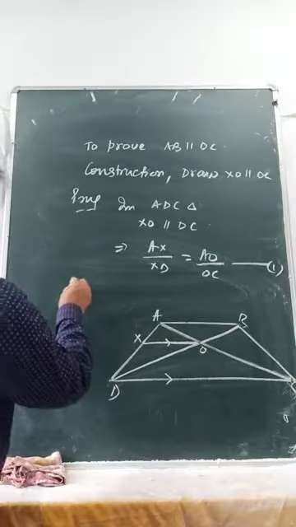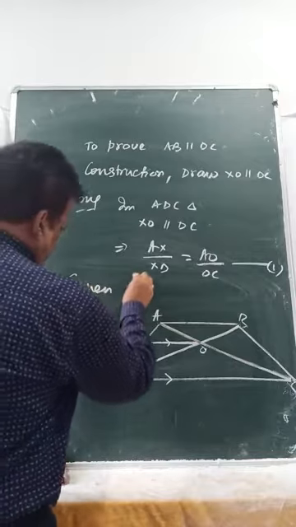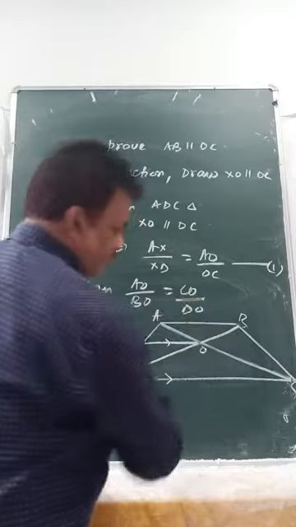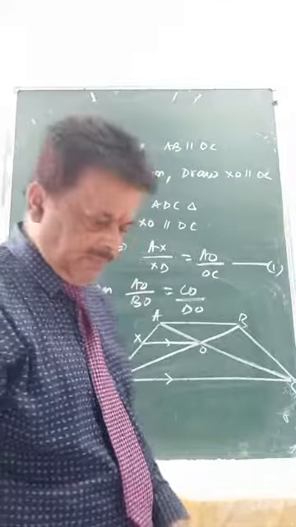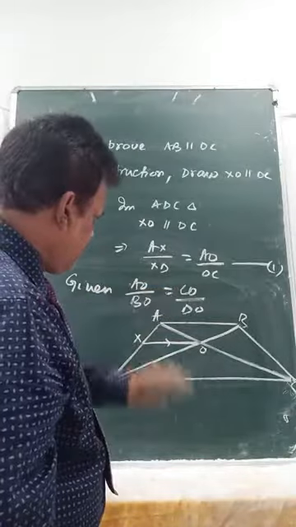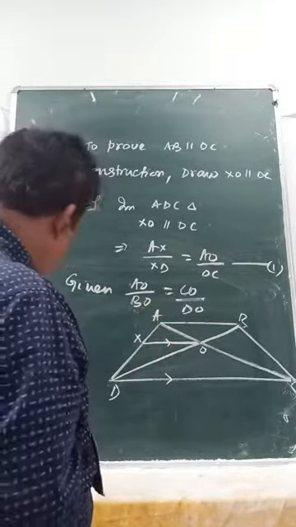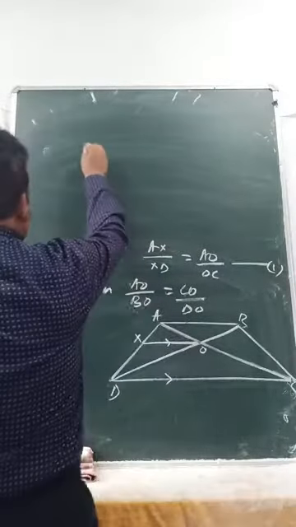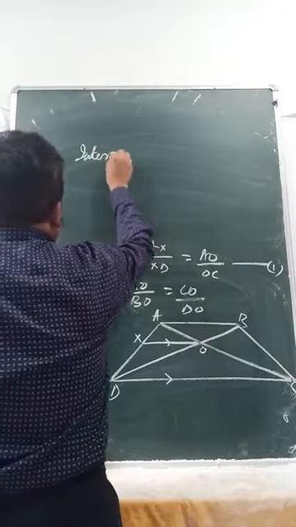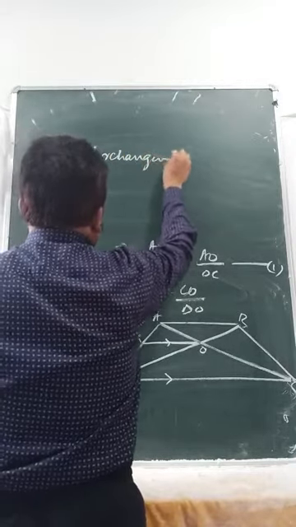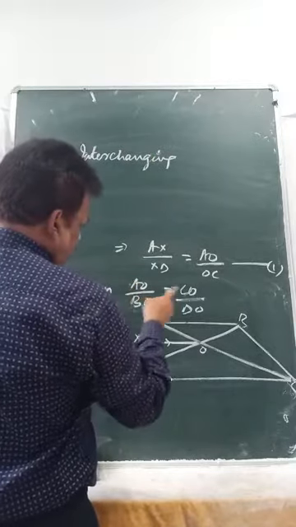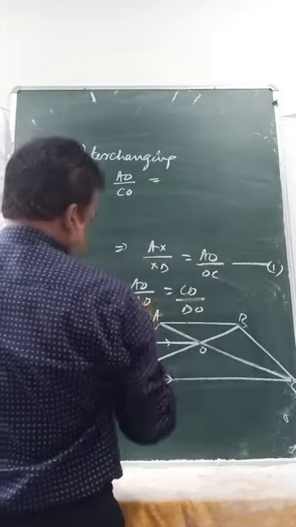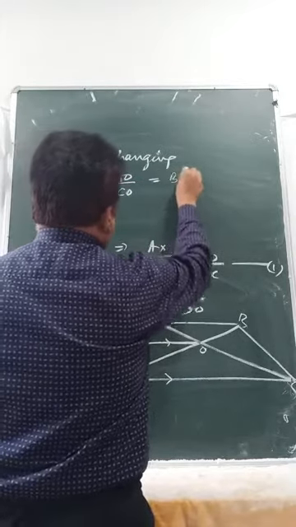So what is given to us? AO by BO equals CO by DO. This is given. Now you can interchange it. Interchanging, you will get AO by CO, CO will come here, and this will go here, BO by DO.